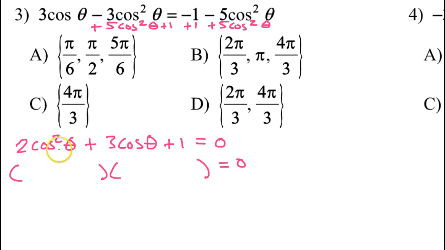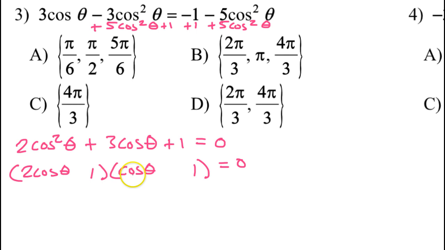2 cosine squared theta can only factor as 2 cosine theta times cosine theta. 1 can only factor as 1 times 1. Now the key to the Burton method is inner plus outer equals middle.